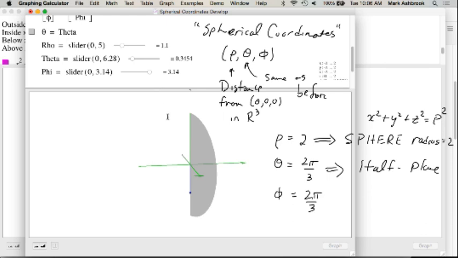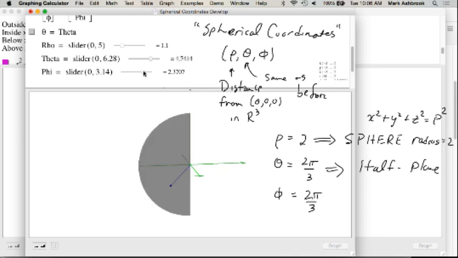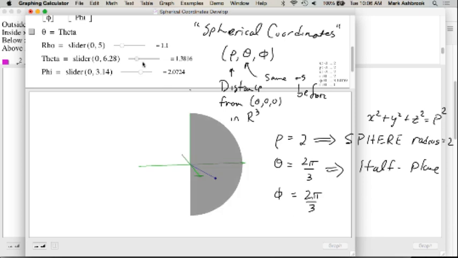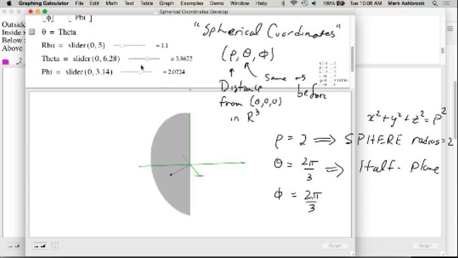So 2 pi over 3 is going to be something like that. Oh, it's a little less than that. That's like 2 pi over 3 now. Yeah, like that. Now all distances away and all angles theta.